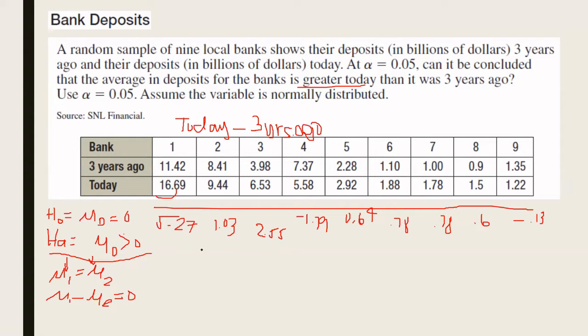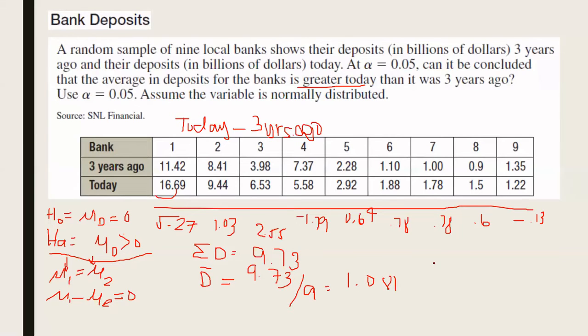The sum is 9.73. So therefore, the mean is just the sum divided by 9. We have 1.081.